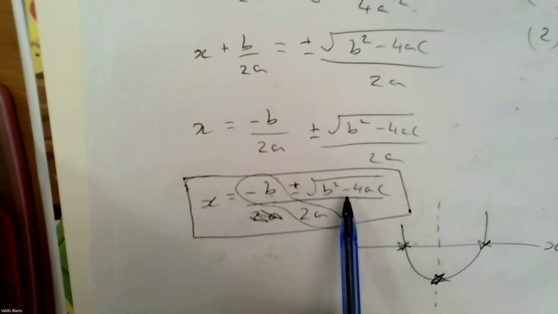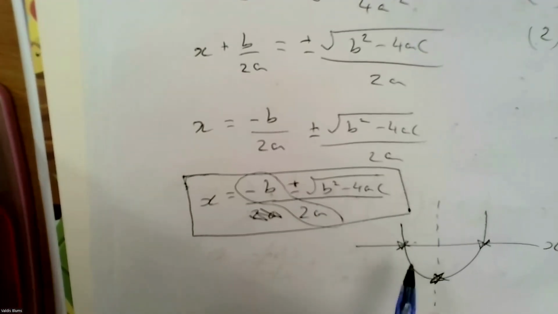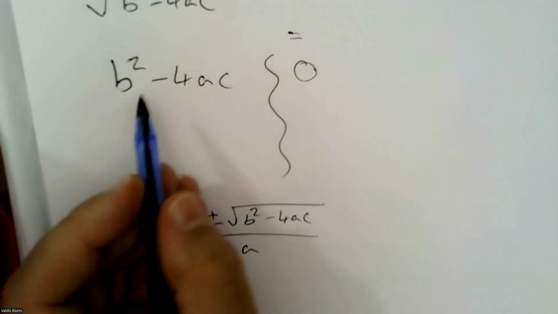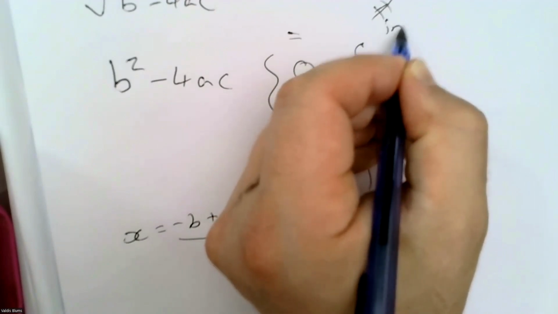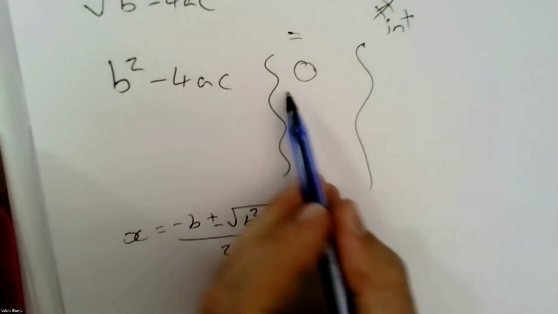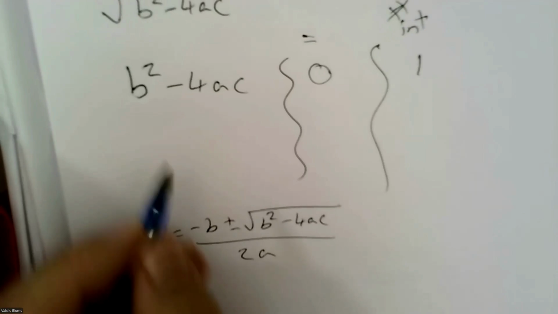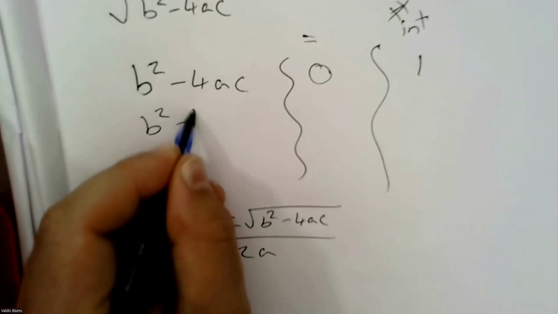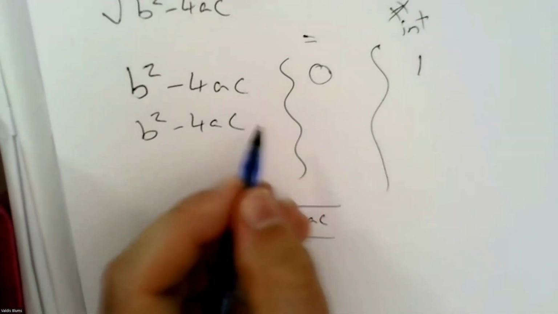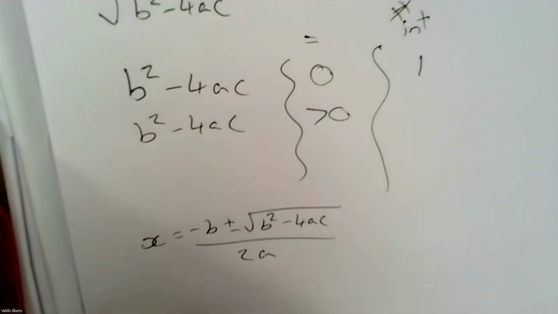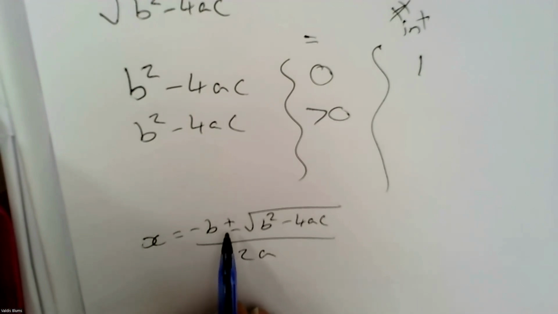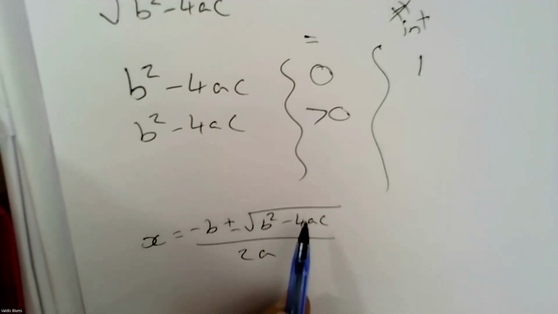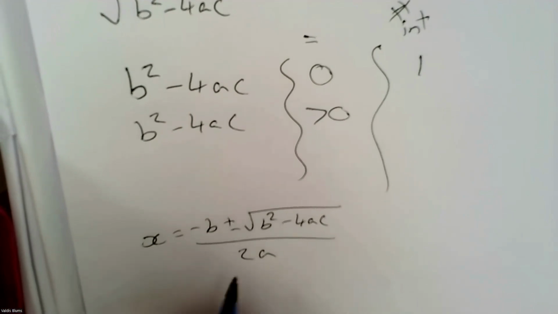And this discriminant tells you whether or not you have 0, 1, or 2 x-intercepts. So number of intercepts, well, when that's equal to 0, you have one intercept. When b squared minus 4ac is positive, so greater than 0, you're going to have a number here, and therefore you're going to have negative b plus that number and negative b minus that number. So you're going to have two solutions.